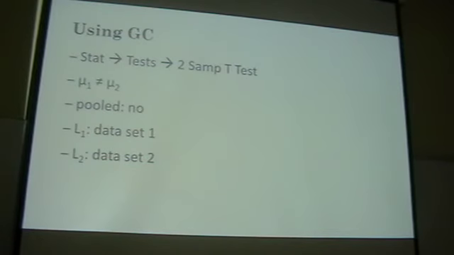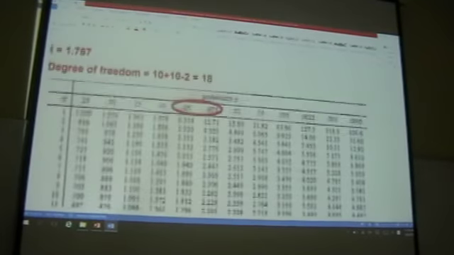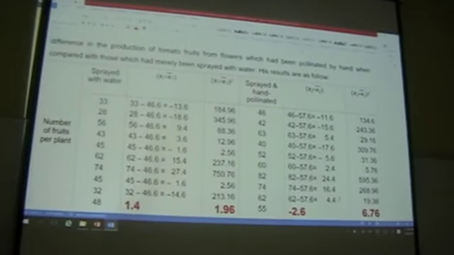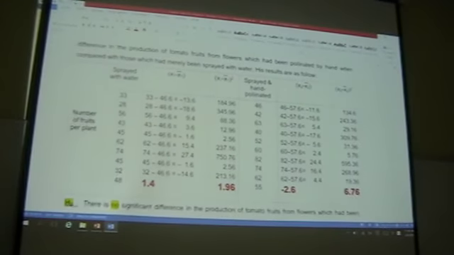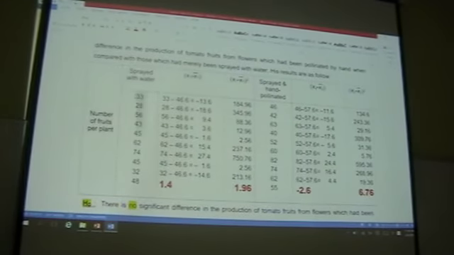Do you know where is the data set? Look at the data set for the hand pollinated one. Okay, let me show you. The data set is here. This is data set 1, the one that's sprayed with water. This is data set 2, the one that's hand pollinated.